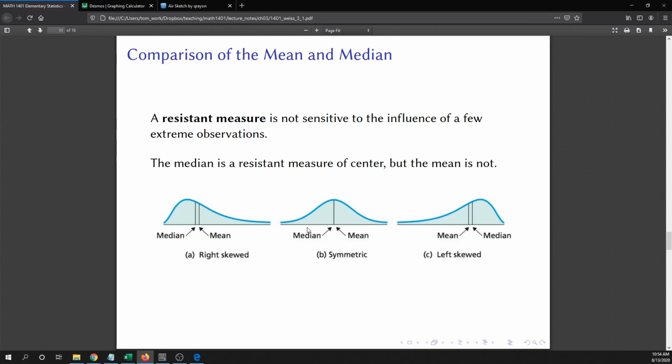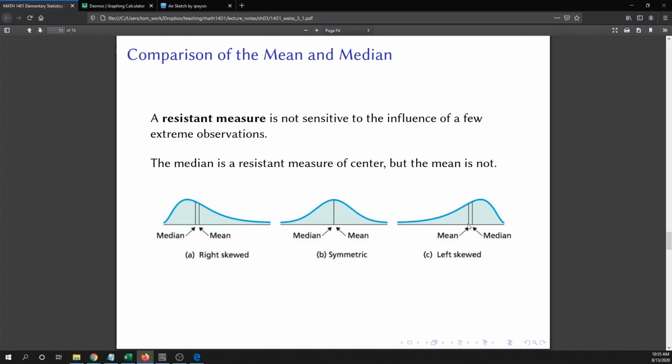If we have a symmetric distribution, then the mean and the median are both going to be right at the middle. If we have a left skewed distribution, that means that there are some really, really small numbers compared to where most of the observations are. And what that is going to do is pull the median down.